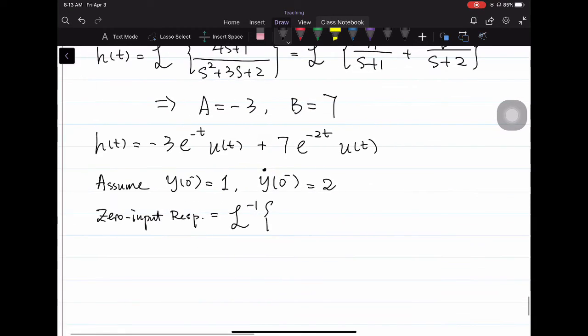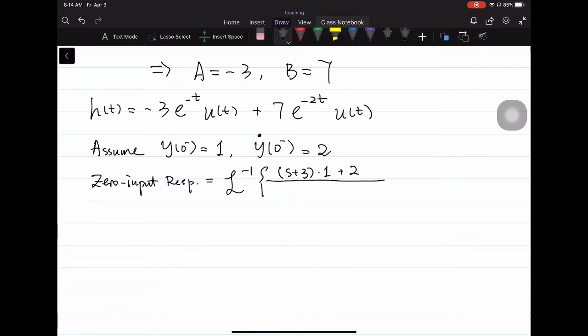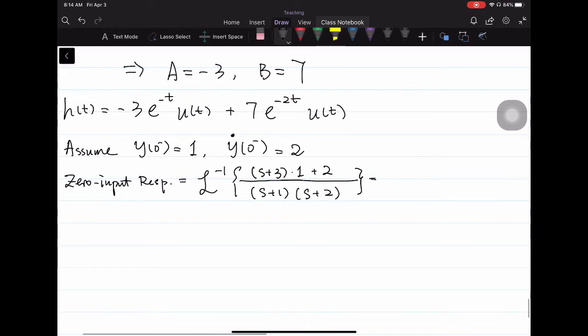Since I have both of this information, s plus 3 times 1 plus 2, divided by s plus 1, s plus 2. Or s plus 5 on top, and then s plus 1, s plus 2.